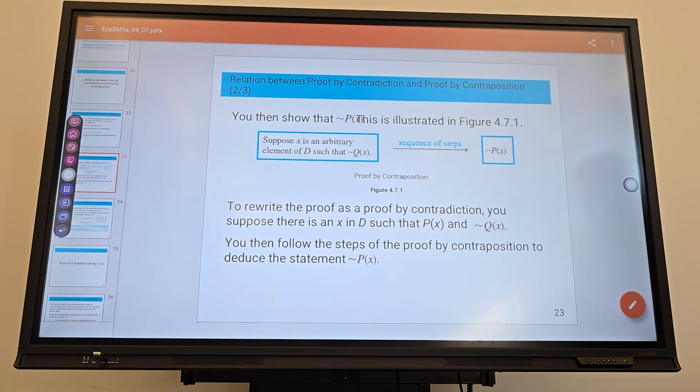To rewrite the proof as a proof by contradiction, you suppose that there is an x in D such that P of x and not Q of x. You then follow the steps of the proof by contraposition to deduce the statement not P of x.